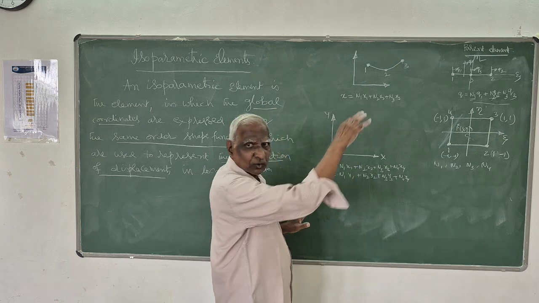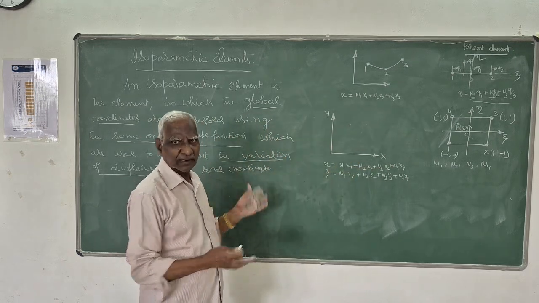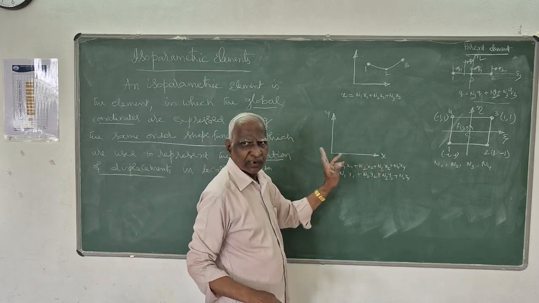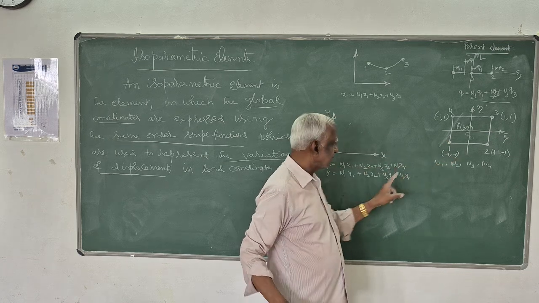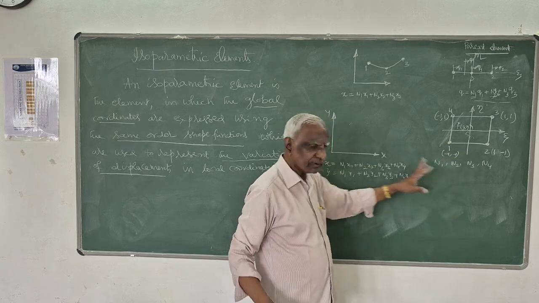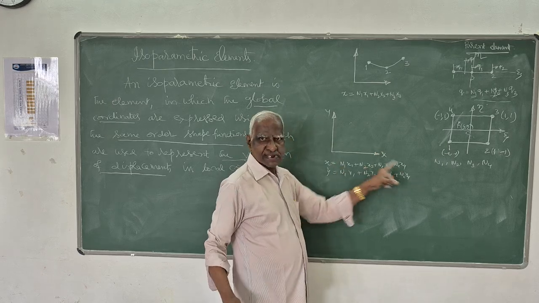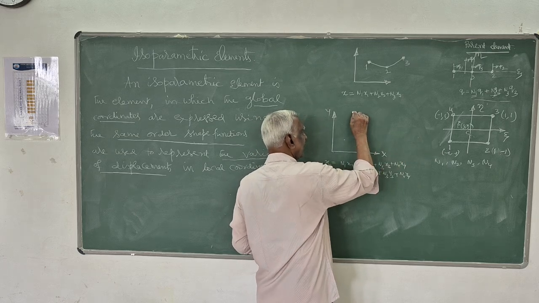The shape you are going to get is called an isoparametric element. That is, you are transforming from natural coordinates to global coordinates. For the natural coordinates of these nodes, the shape functions are as above, and if you substitute the global coordinates and plot it, it won't be a rectangle.